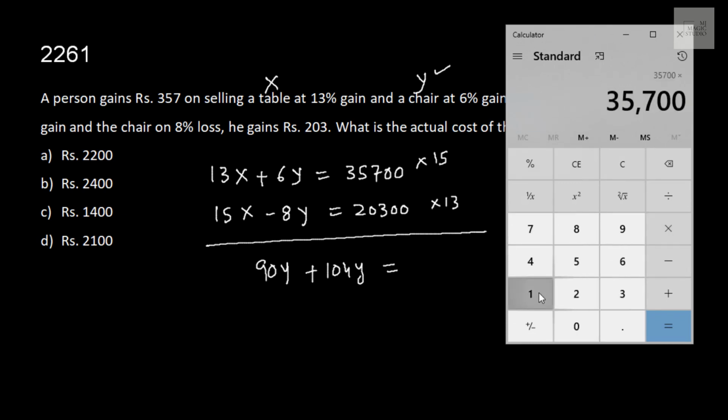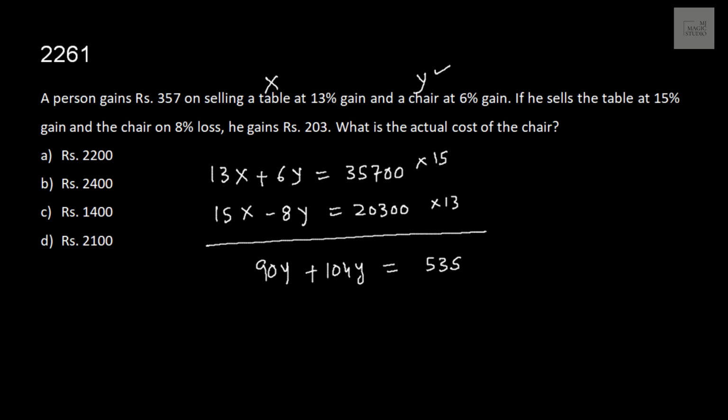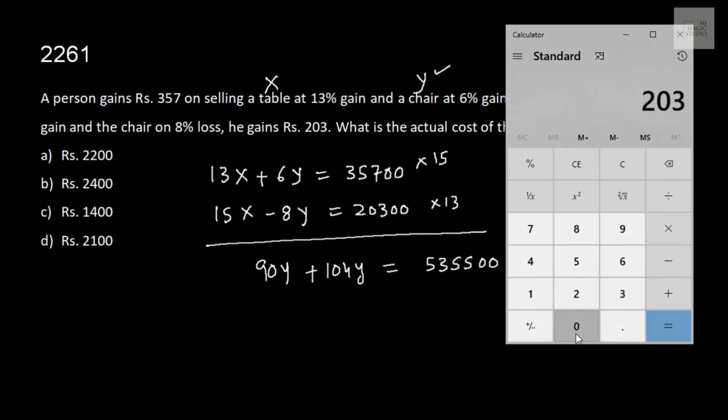35700 into 15 is 5355500, and 203 into 13 is 263900 minus 5355500 will give us what? 271,600, and this is 194.